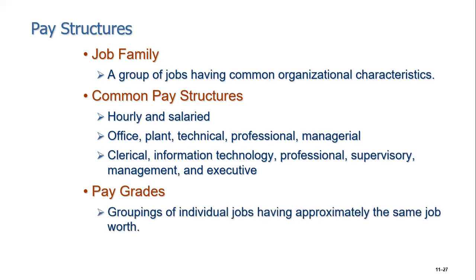Okay, what do you mean by pay grades? We group individual jobs having approximately the same job worth. So lecturer marketing is paid the same type of salary that is paid to finance, or to electrical engineering, or to the computer science engineer, or to a lecturer of the mathematics department.